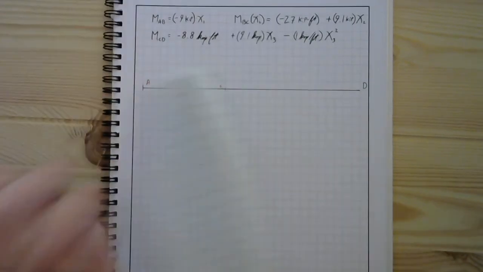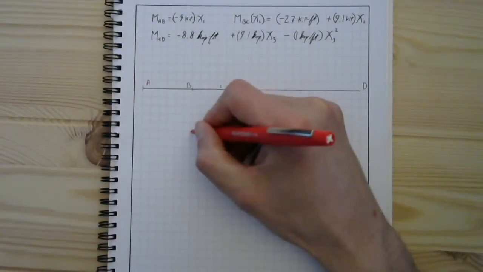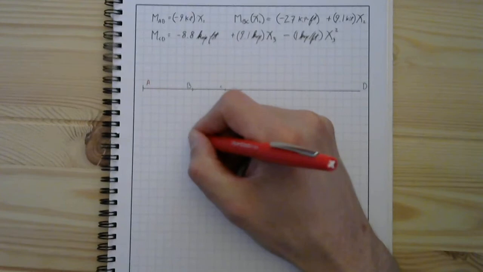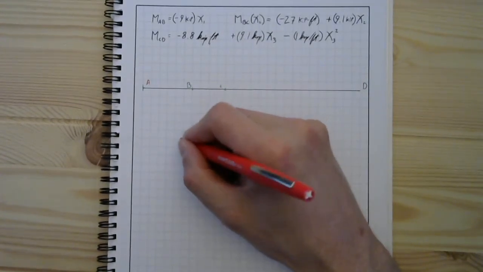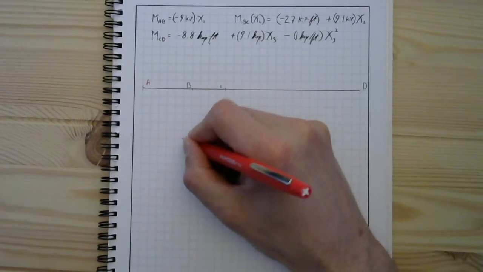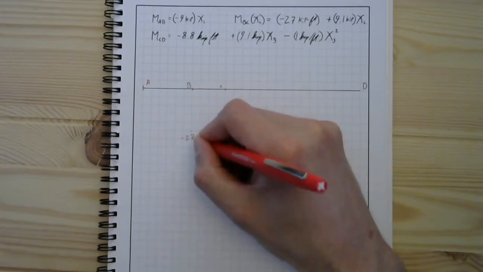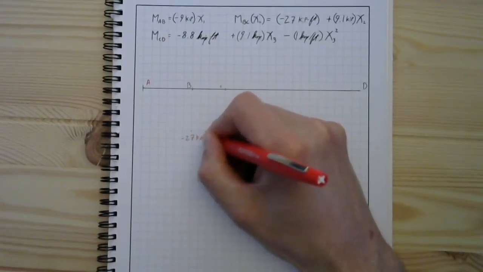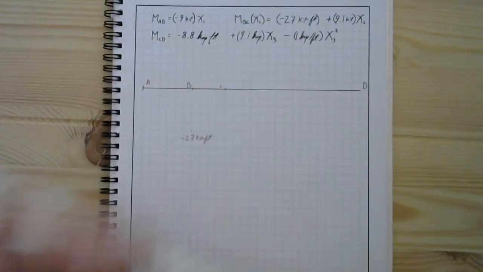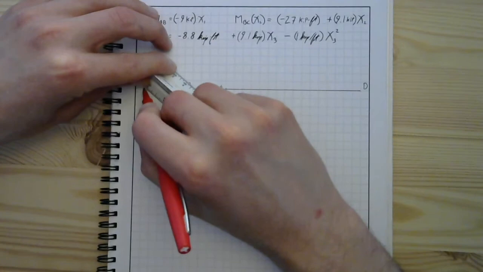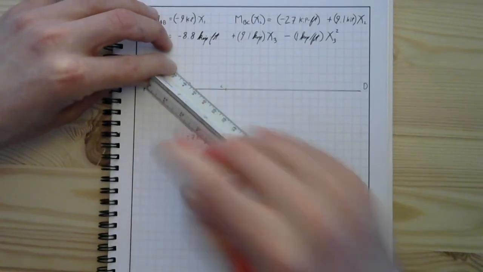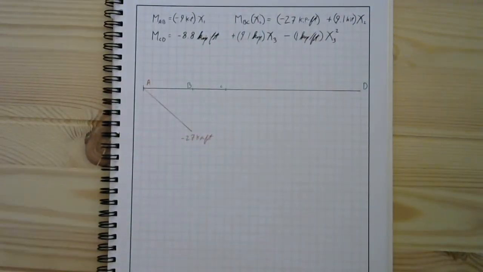So let's just arbitrarily call that our minimum, what will end up being our absolute minimum, negative 27 kip feet. Let's just call that right there.